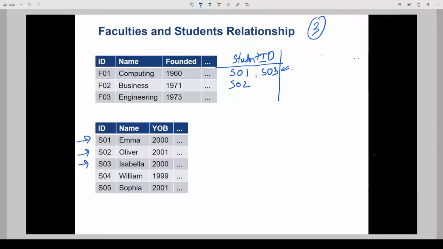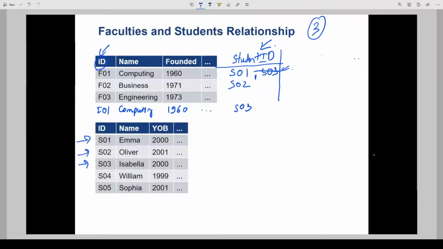We cannot, because this one is the foreign key. A foreign key is only one key. This one cannot. Can we create another row of computing with the student ID S03 in here? No, we cannot, because this one is what?